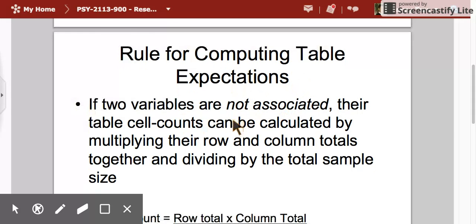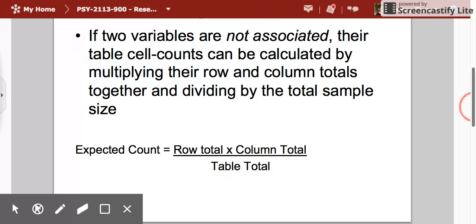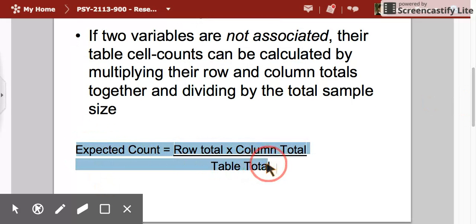This is your second slide, and it's slide 39, I think, of the second presentation. Expected count equals your row total times your column total. And you can calculate that, basically what I did here. You can see the row total, which is this one, and the column total, which is this one, and you divide it by the table total. And so you do that for each of these values, and you get your expected values.